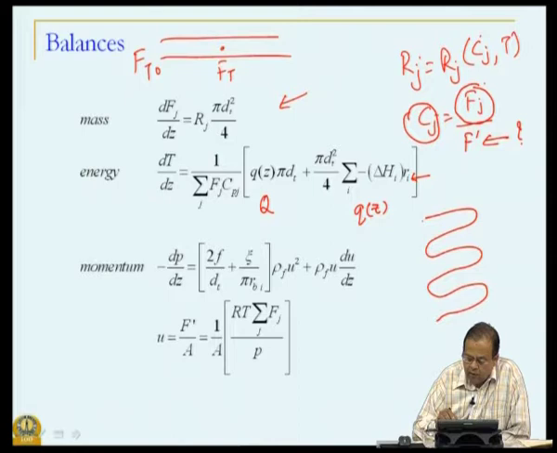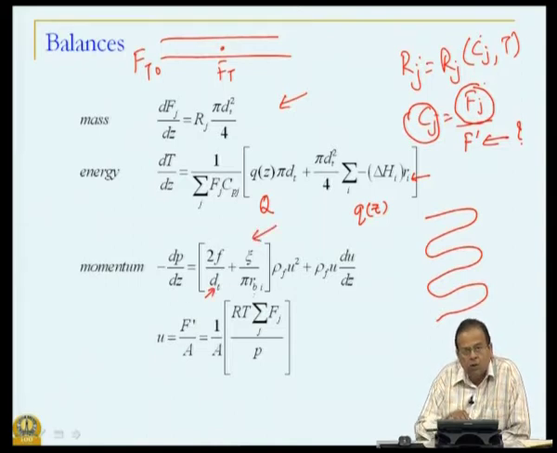So, what we have is the momentum balance which accounts for this pressure drop. This term is familiar, friction factor term, and this is to account for the bend, the pressure drop across the bend. So, zeta is that shape factor, pi RBI for example radius of this bend, and so on.